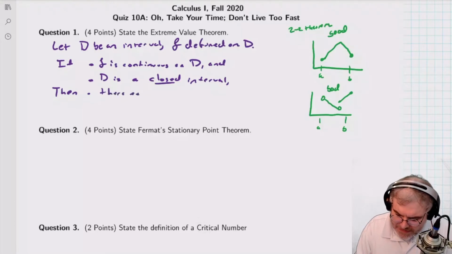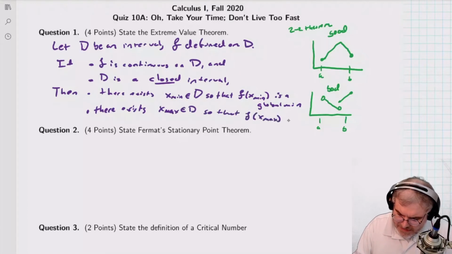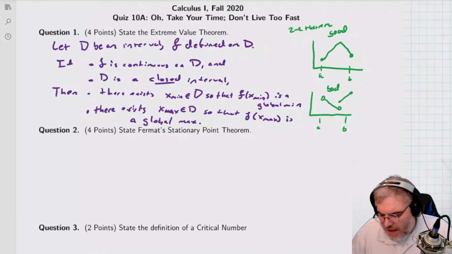There exists an X-min in D so that F of X-min is a global min, and there exists X-max in D so that F of X-max is a global max. Okay. So I can do that.